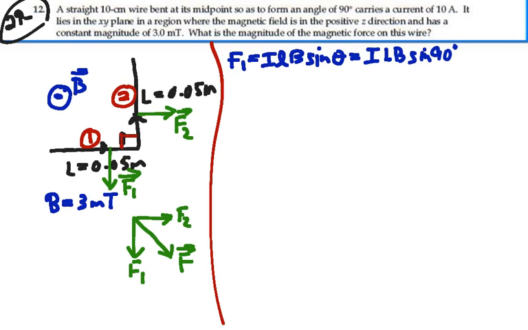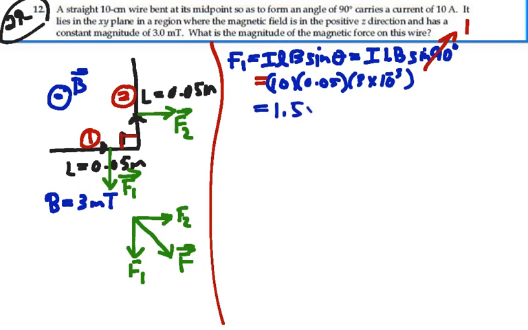Of course, sine of 90 is 1. So this is going to be equal to the current, which is 10 amps, times the length, 0.05, times 3 millitesla. And this is equal to 1.5 times 10 to the negative 3 newtons.